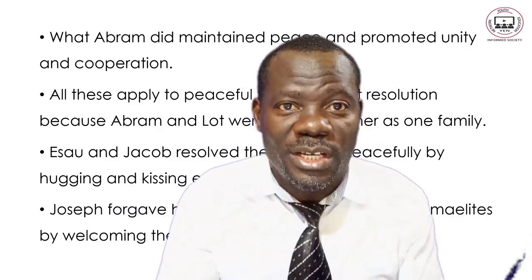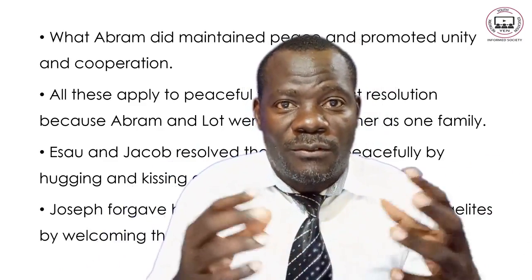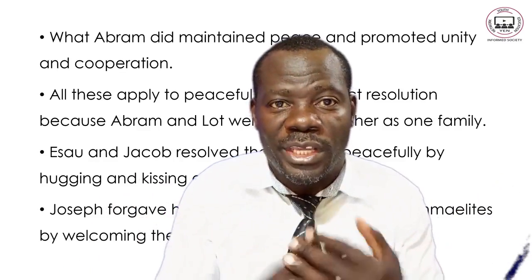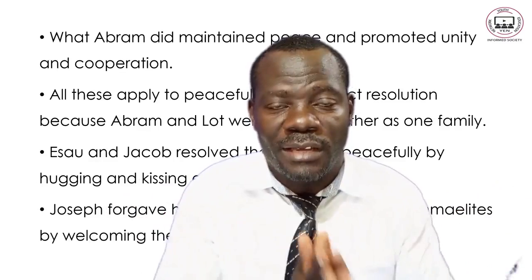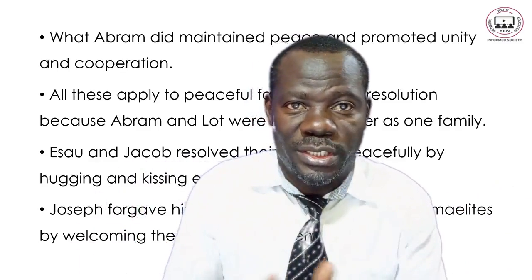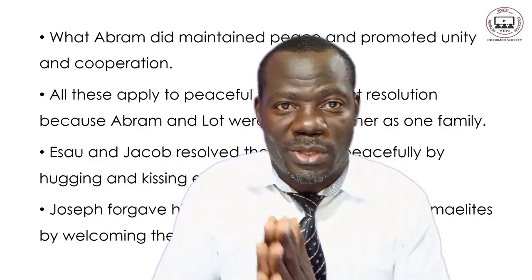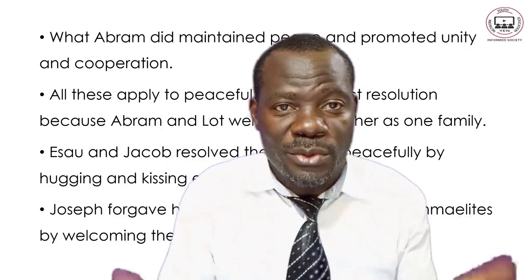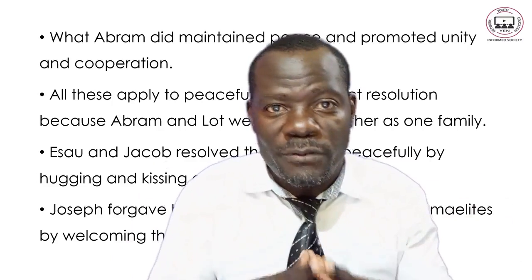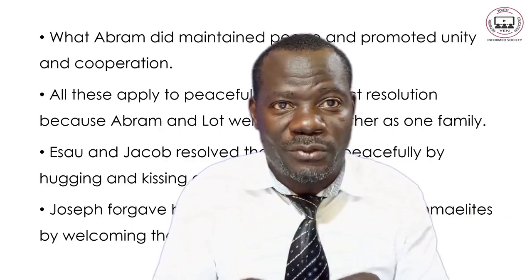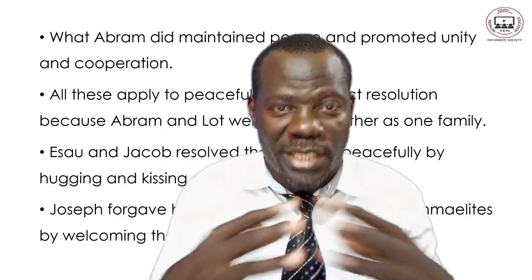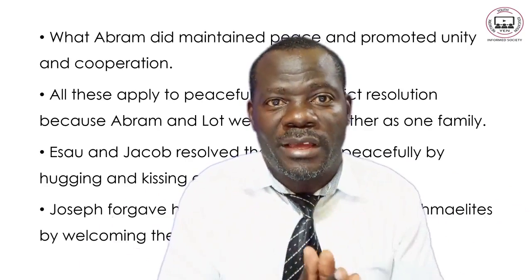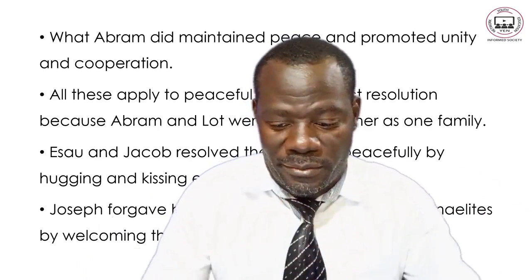But later on, Joseph forgave his brothers and gave them food. In the end, he gave them land to stay in Goshen. There they stayed with their family. So that is another biblical example of how conflict can be resolved in a peaceful, just way. Conflicts are there, but they need to be solved in a peaceful way.